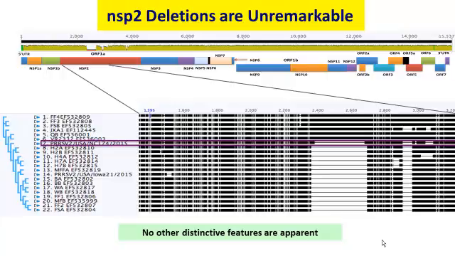So here we're looking at a list of viruses, and this is the NSP2 region, the 5' end of the open reading frame, and you can see where deletions occur. The high path Chinese PRRS is right here.